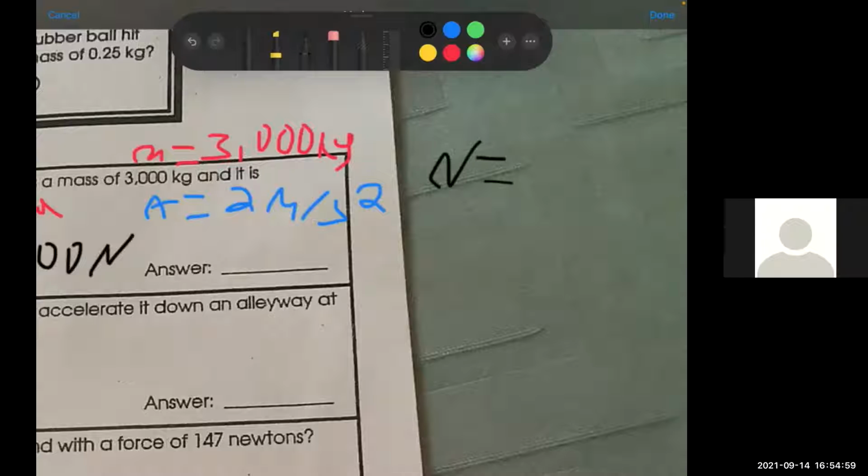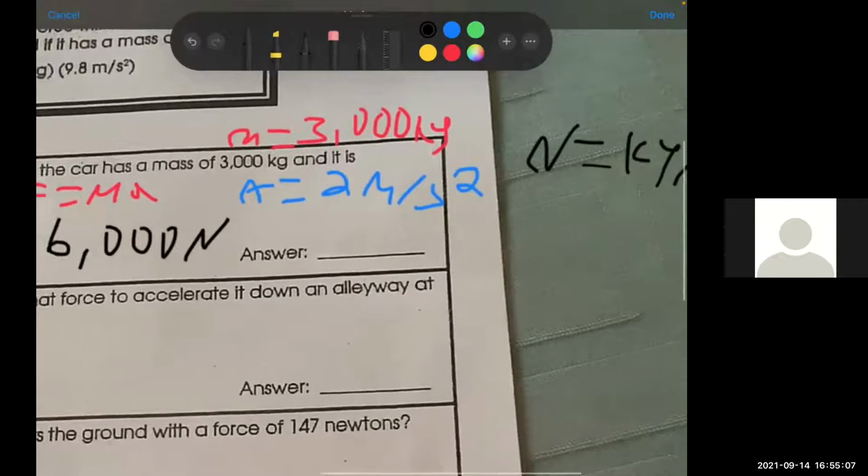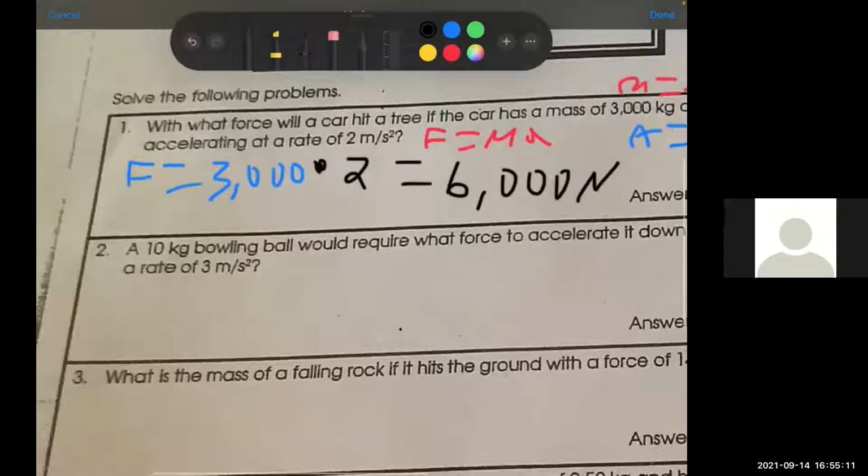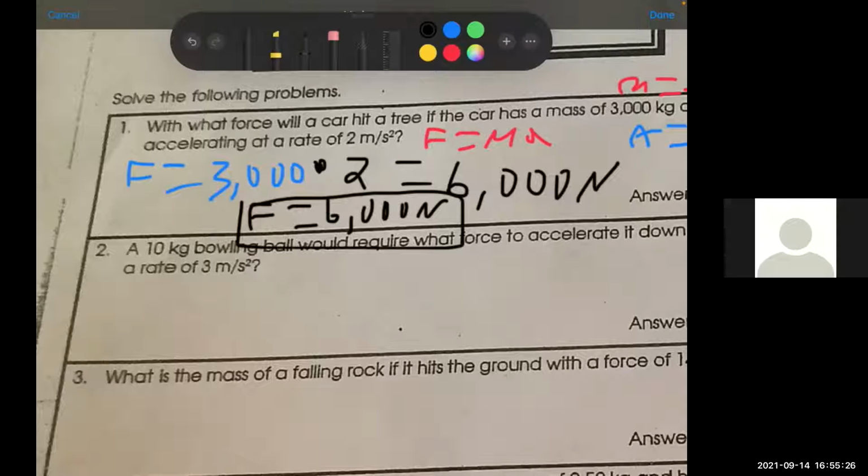Why? Because newtons is basically kilogram meter per second squared. So F will be 6,000 newtons. That'll be your final answer. Okay. So now go to our next one.